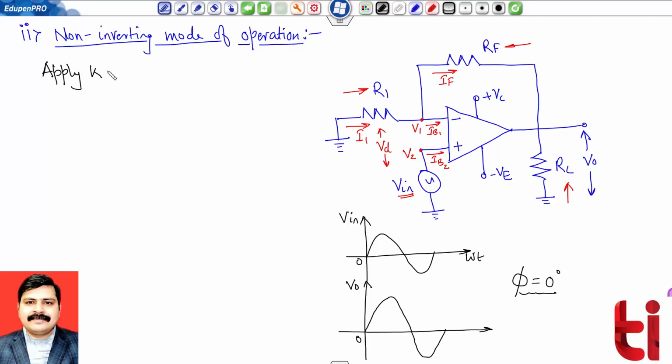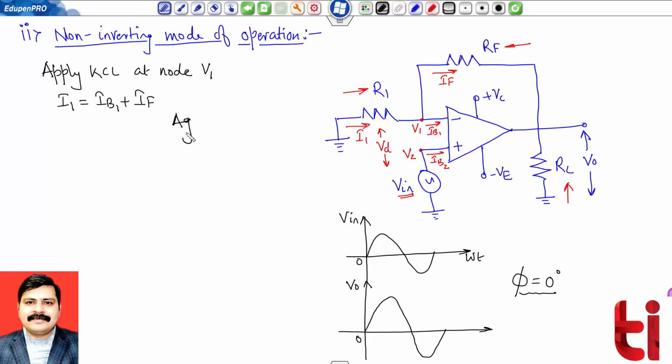KCL at node V1, the same procedure which we have followed for the inverting mode of operation. Now I am directly writing current I1 equals current IB1 plus current IF.